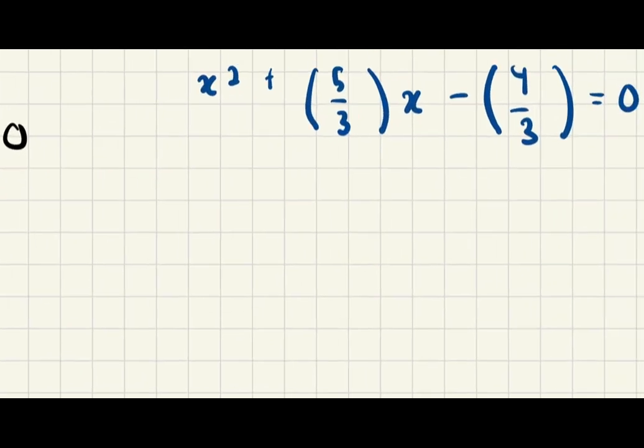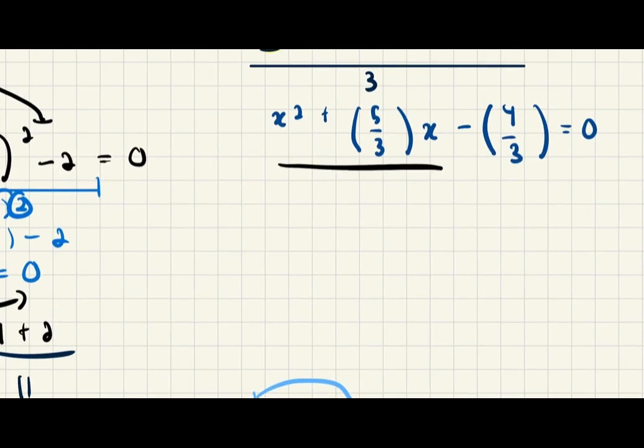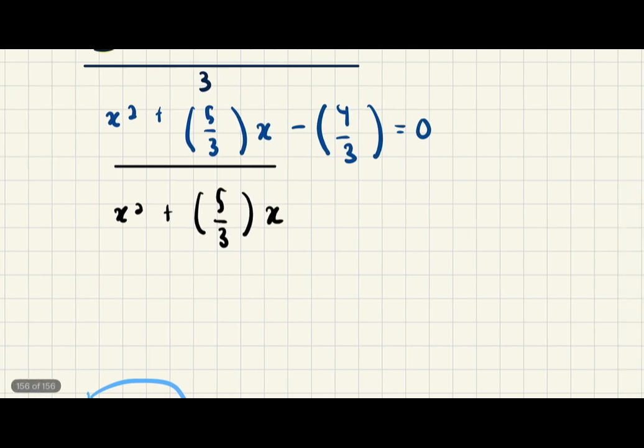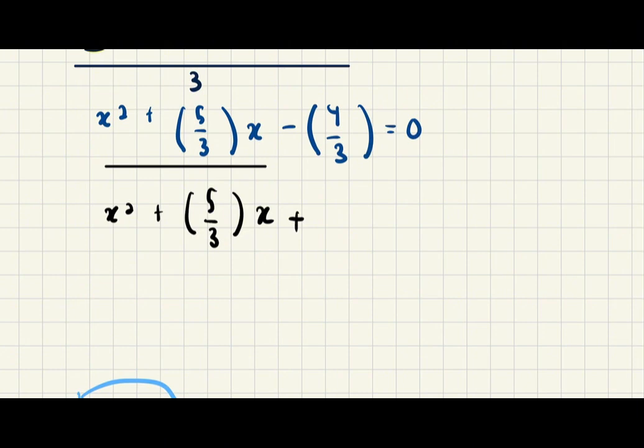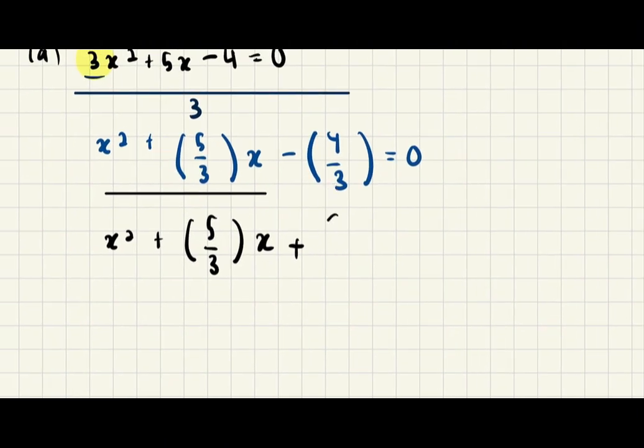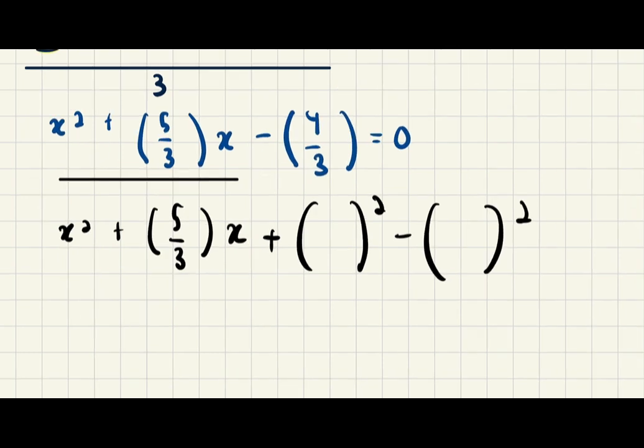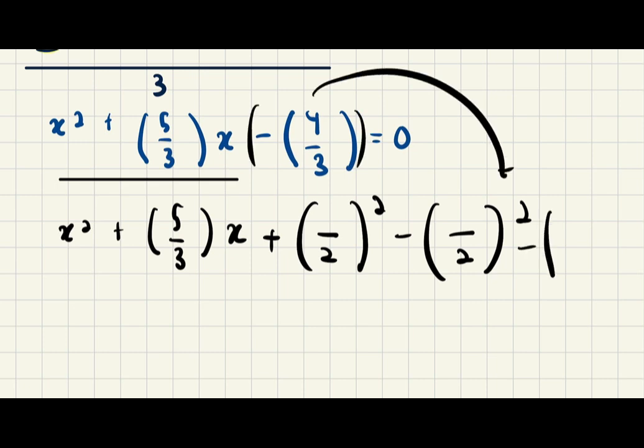Okay? So first you take the x squared and the x. You write it down, x squared plus 5 over 3 x. And then you do plus open bracket squared minus open bracket squared. Always has to be over 2 over 2. Then you take this, you put it down there, it becomes negative 4 over 3 equals 0.